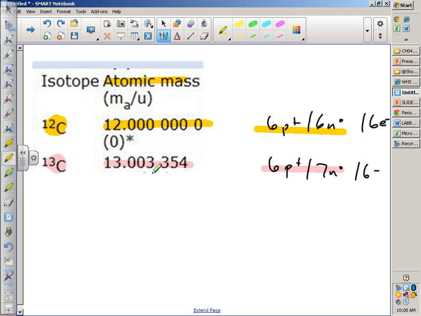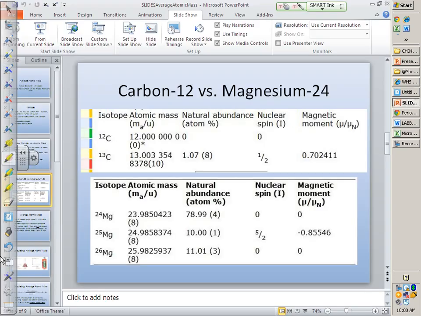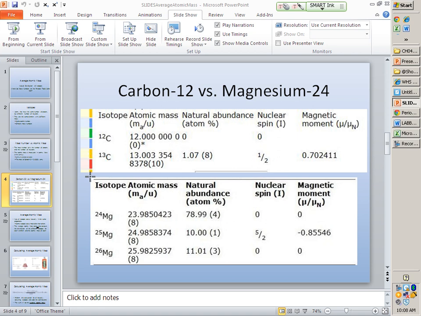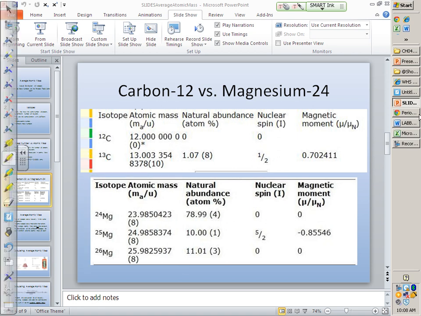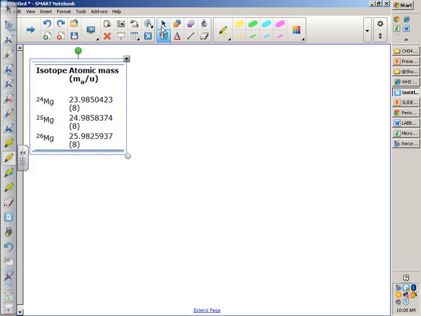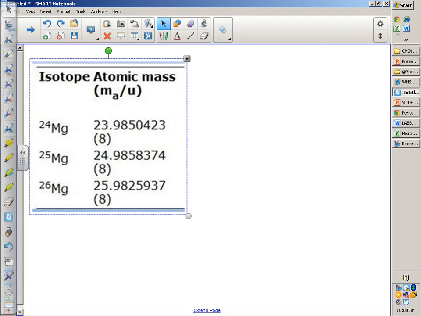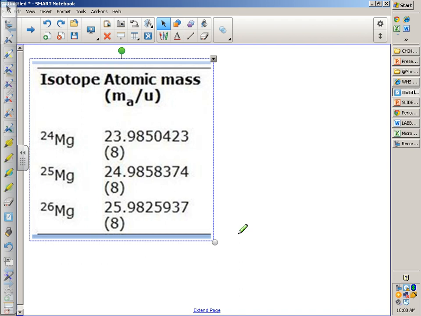Okay, now let's increase the degree of difficulty a little bit. Underneath that chart of carbon atoms, there is another chart that tells you about 3 different atoms of magnesium. So here's what I want you to do first.